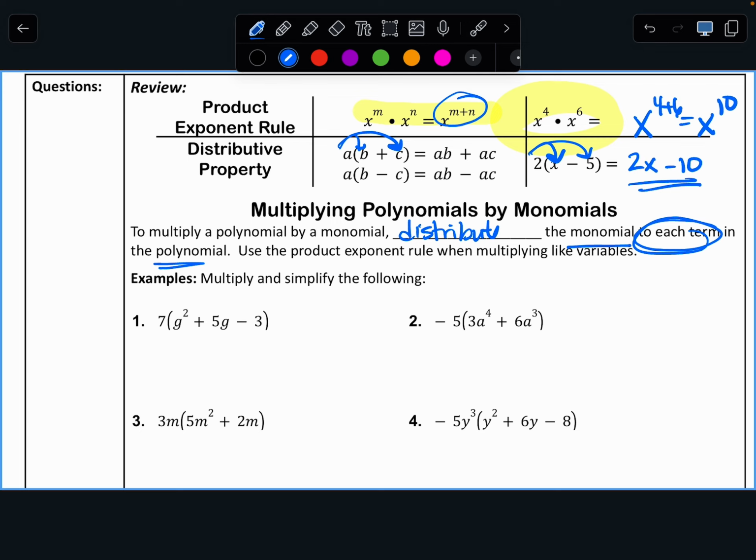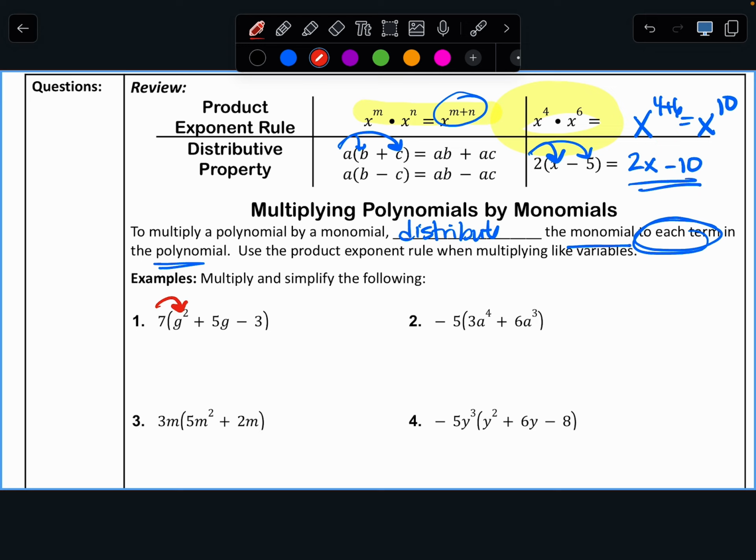So I'm going to break it down really basic. So if you can do past this, that's fine. But I want to at least explain the very basics so that we can get this all the way through. So the first thing is I'm going to multiply 7 times g squared.